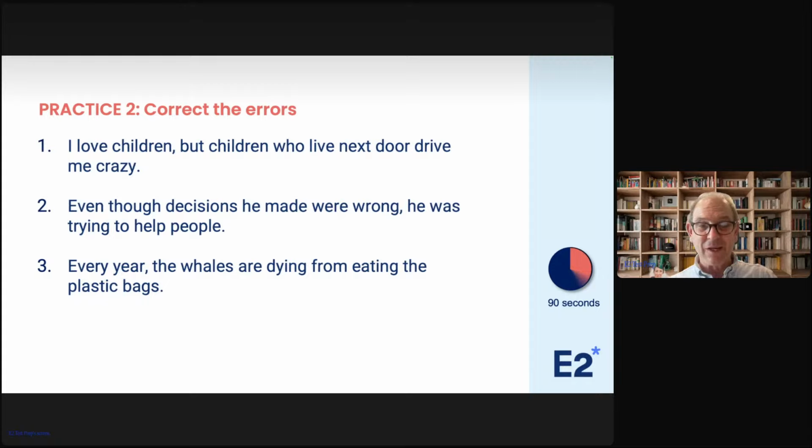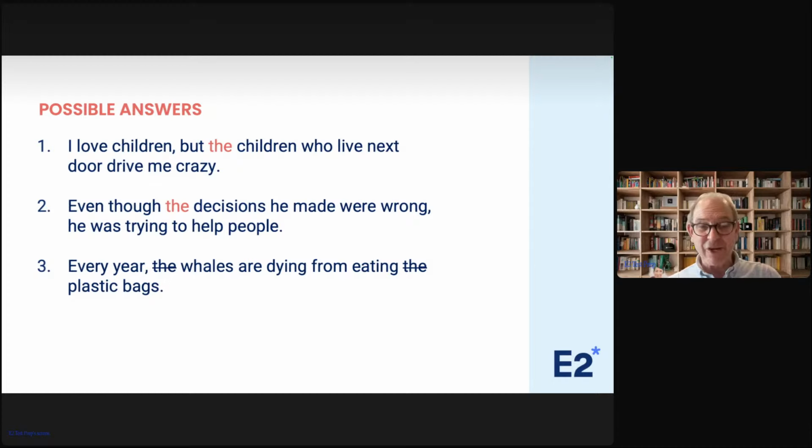Who are we talking about? Specific or general? Yeah, definite or indefinite? Okay, we've got an idea? Cool. All right. I love children in general, but the children who live next door drive me crazy. The specific ones next door.